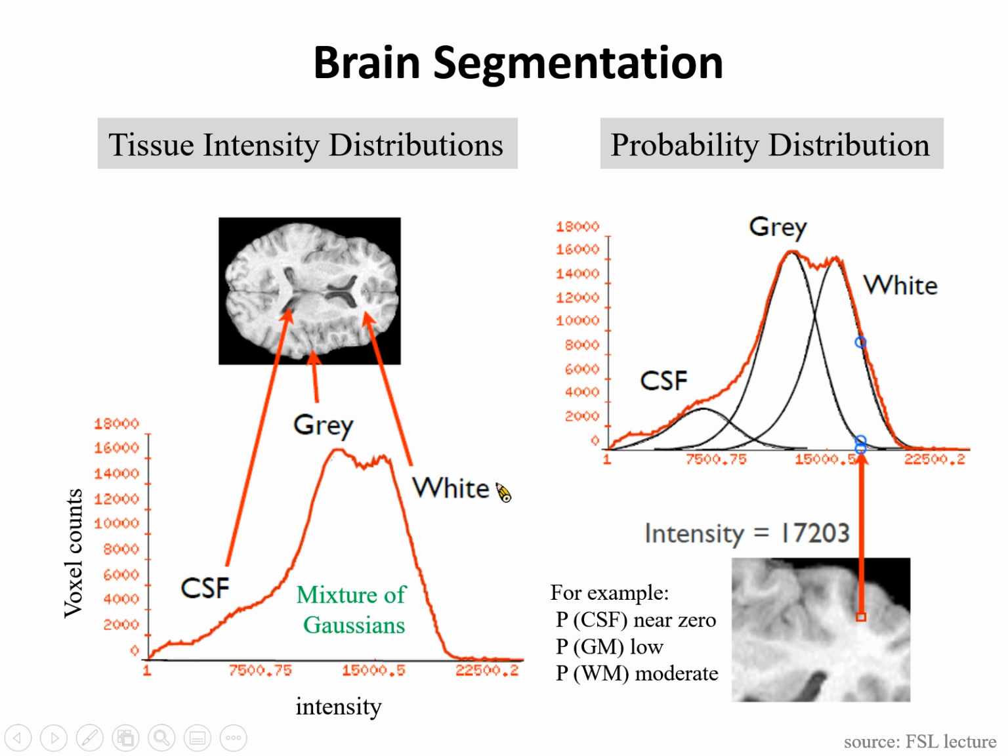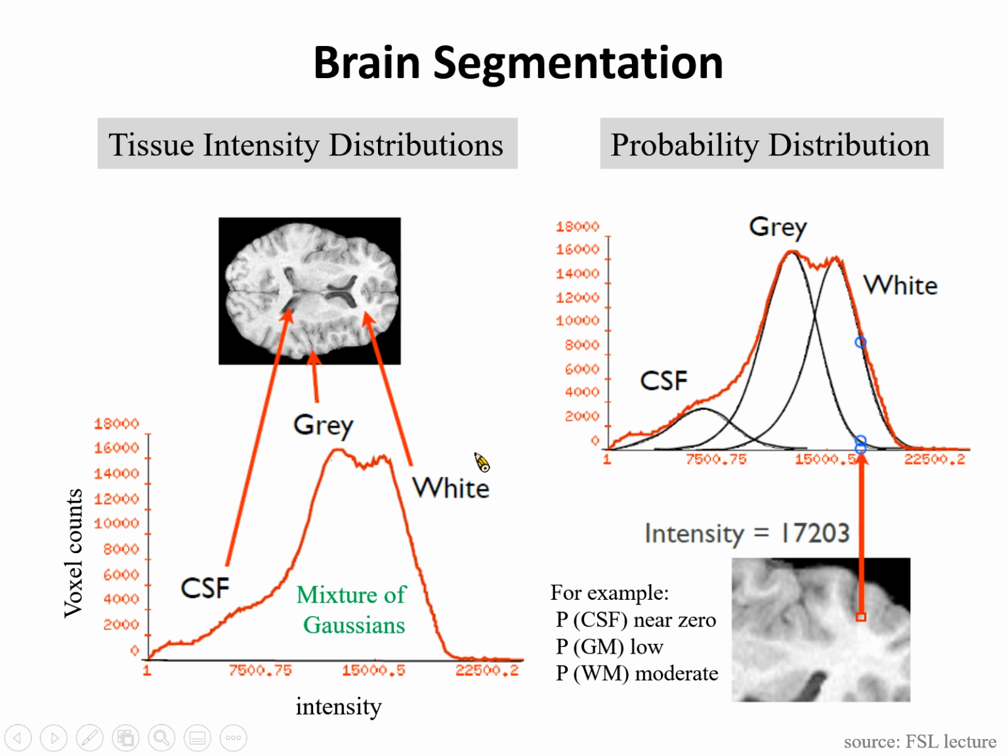So we can use mathematical analysis to reconstruct these different Gaussian distributions. This one is for white matter, this distribution is for gray matter, and this one is for the CSF regions. When you sum up these three distributions, you get this red line.